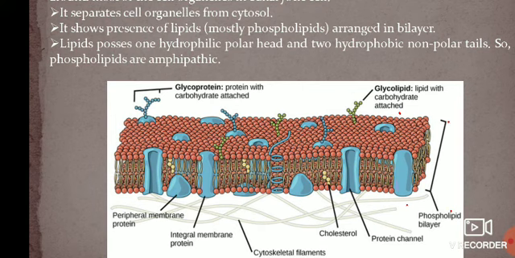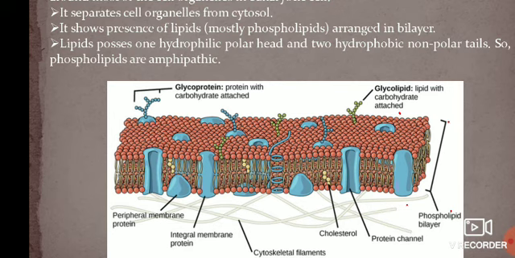Apart from that, we see that there is a chain present on the upper side called a glycoprotein, and another chain which is a glycolipid. So glycolipid means carbohydrate with lipids and glycoprotein means protein with a carbohydrate.